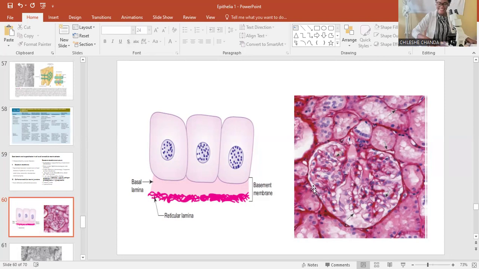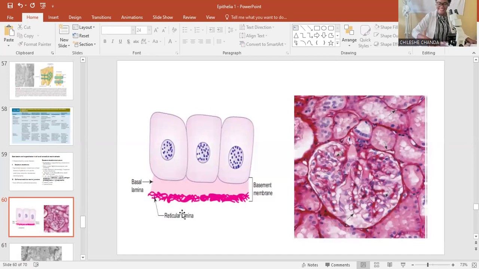Now, you get a tiny portion of that, and they looked at it under an electron microscope, and they drew it, and they realized that there are two layers of the basement membrane.